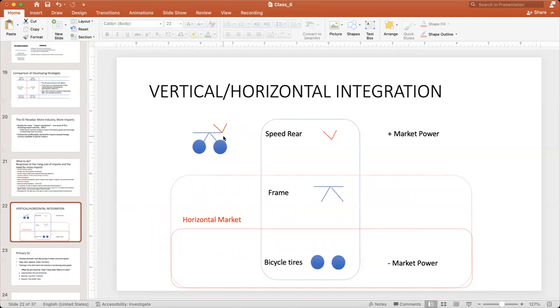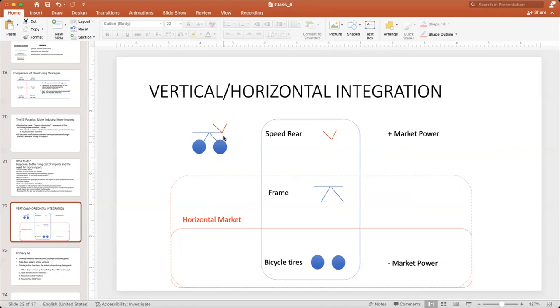Well, the market power is when that type of good doesn't have competition, so they are very scarce, and they have higher levels of technology to be produced, and so on and so forth.